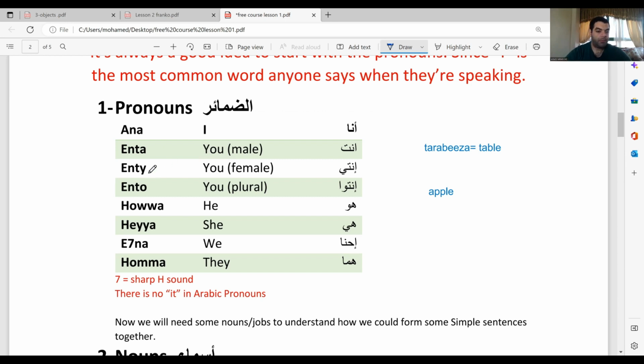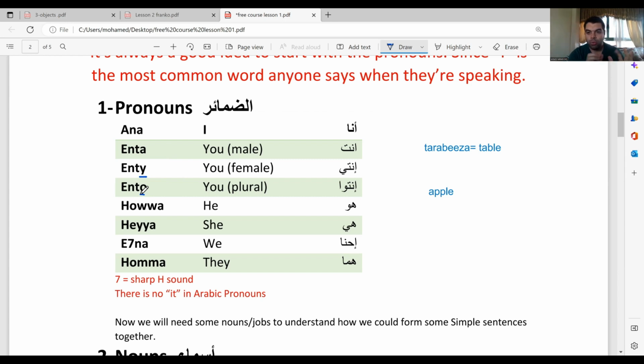Good. Now for female, it's the same word, but we have the different ending here. So, inta, inti, and it's a long E at the end, or Y. Now plural, we say the same beginning and everything, but we just have a different ending. Into, and it's not into, like I'm going into blah, blah, blah.